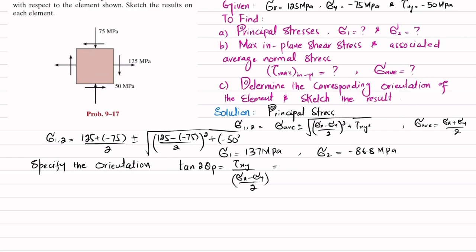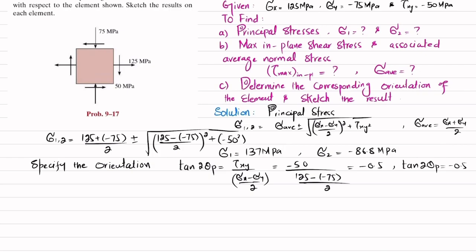So put the value, minus 50 divided by 125 minus minus 75 divided by 2. So you will get minus 0.5. So tangent of 2 theta p is equal to minus 0.5.